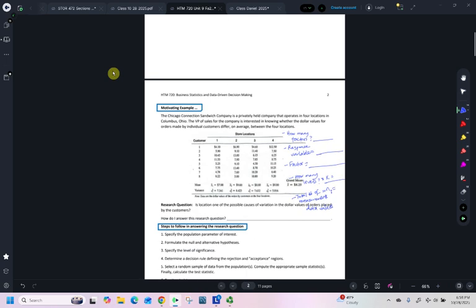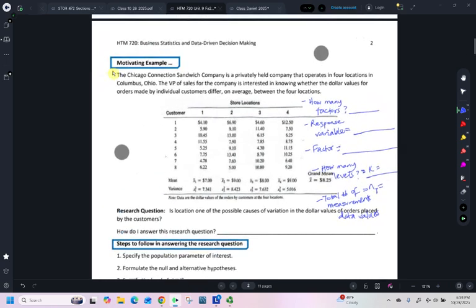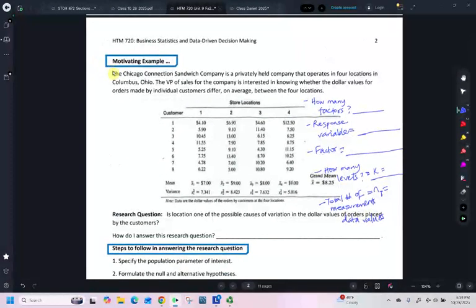To answer that question, let us consider a motivating example. The Chicago Connection Sandwich Company is a privately held company that operates in 4 locations in Columbus, Ohio. The vice president of sales for the company is interested in knowing whether the dollar values for orders made by individual customers differ on average between 4 locations.